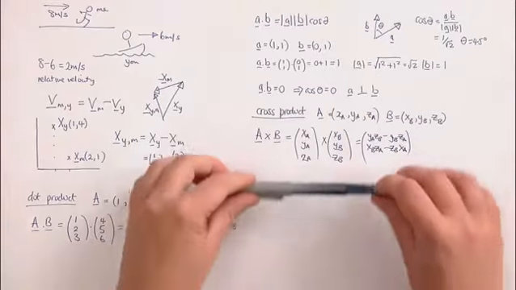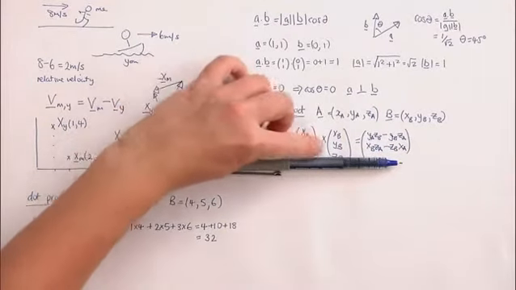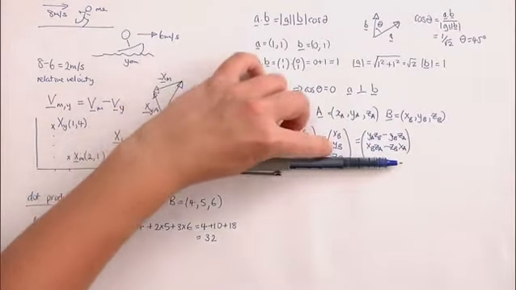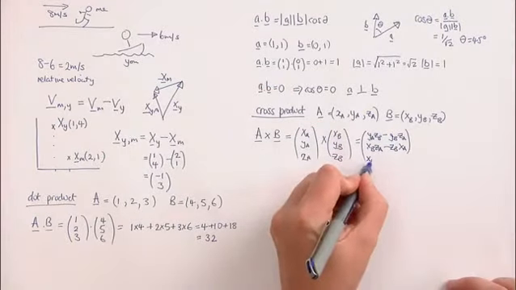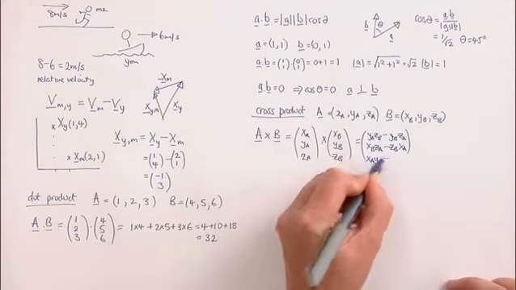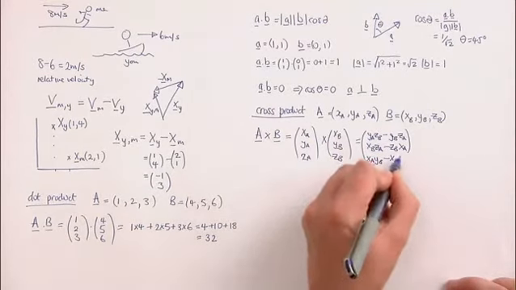Then finally, the last component is xA yB minus xB yA.